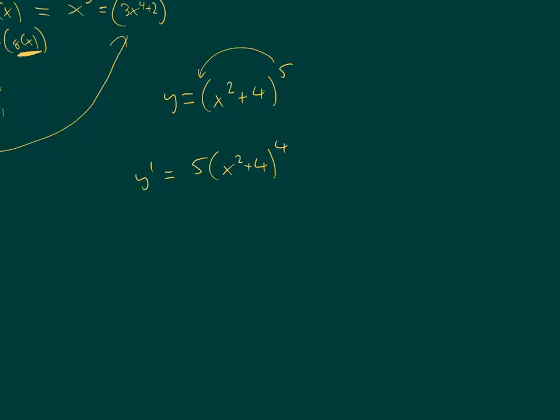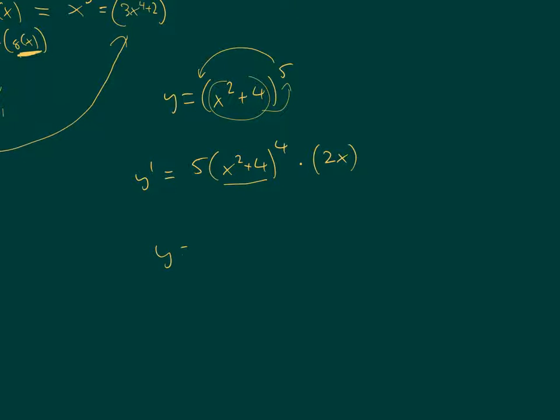I can see that you're taking this inner function and raising it to the fifth power. That means the outer function, f of x, was x to the fifth. So I took the derivative of that and then just plugged in the inner function, and then I have to multiply by the derivative of what's inside.